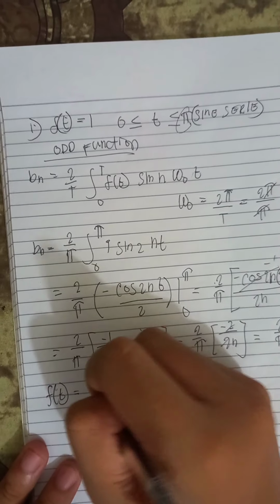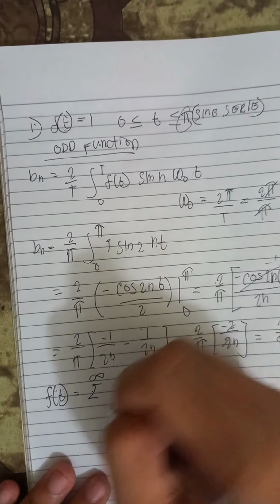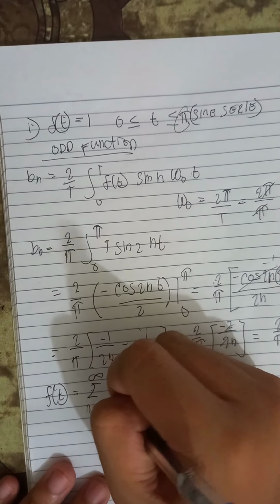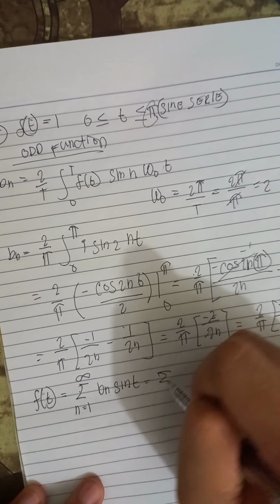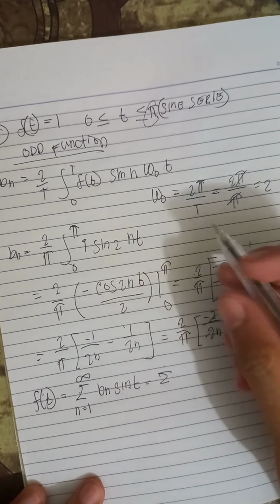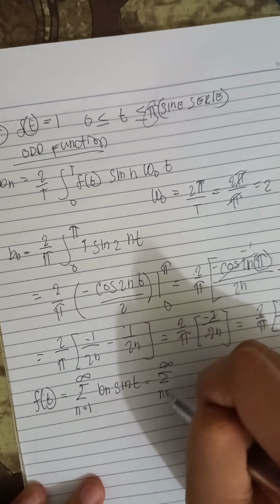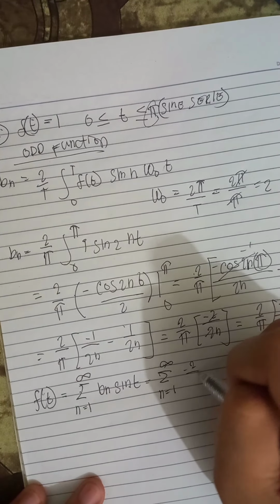So we distribute the value of bn into the given formula, which is f(t) equal to the summation from n = 1 to infinity of bn sin(nt).